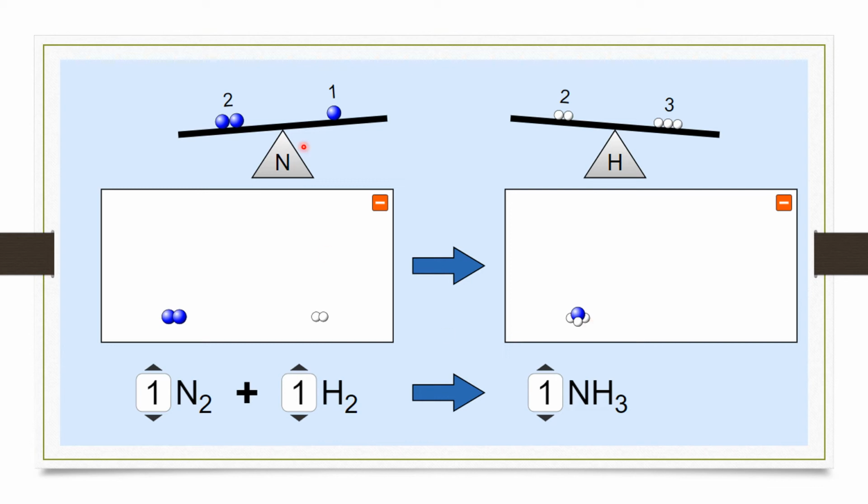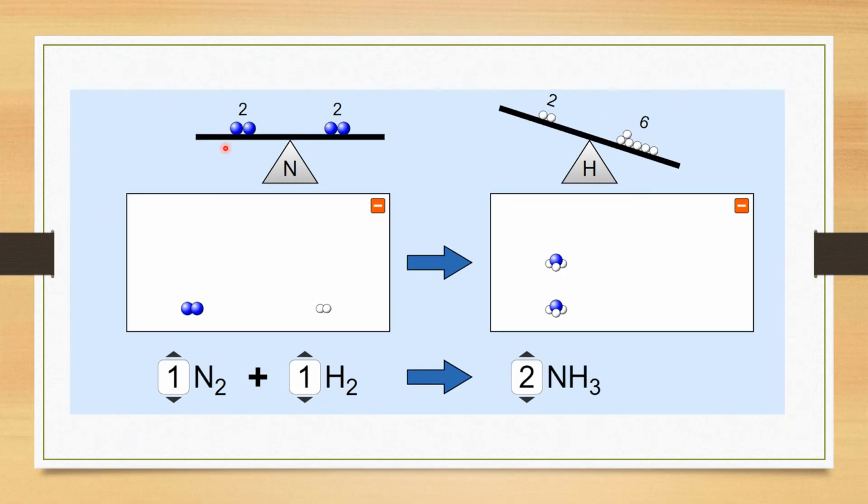If you place the individual atoms on the balance as shown, you can see that neither the number of nitrogen atoms nor the number of hydrogen atoms is balanced. Note, on the balance, the atoms are not joined together. To balance the number of nitrogen atoms, we must multiply the molecule of ammonia by 2 on the product side.